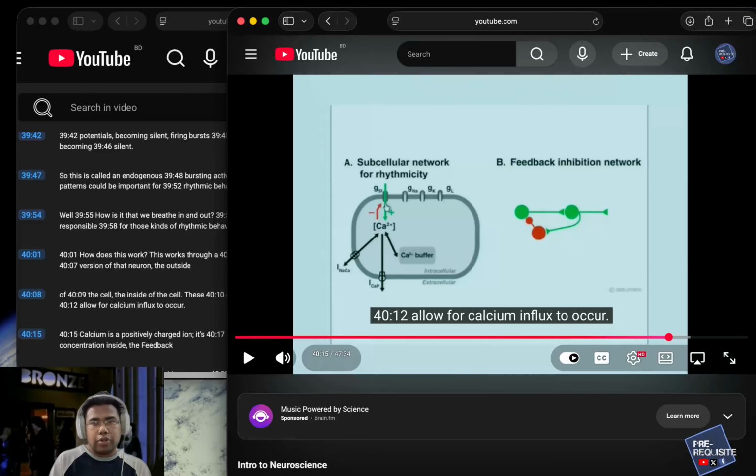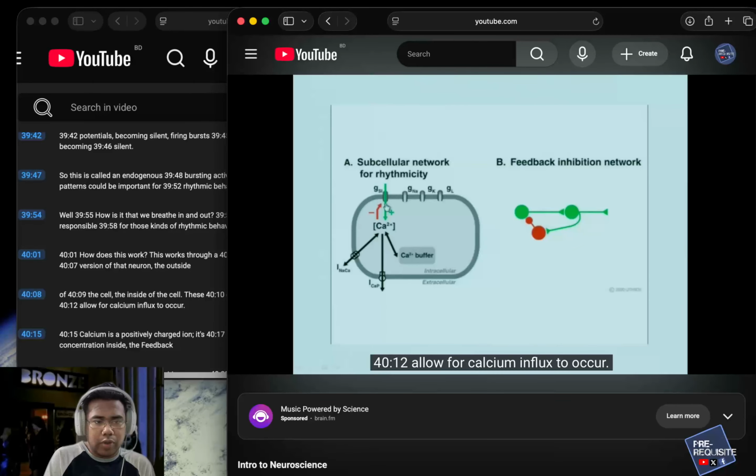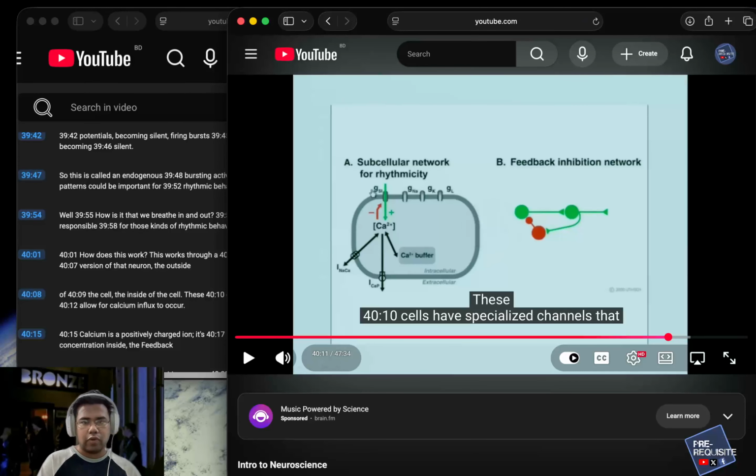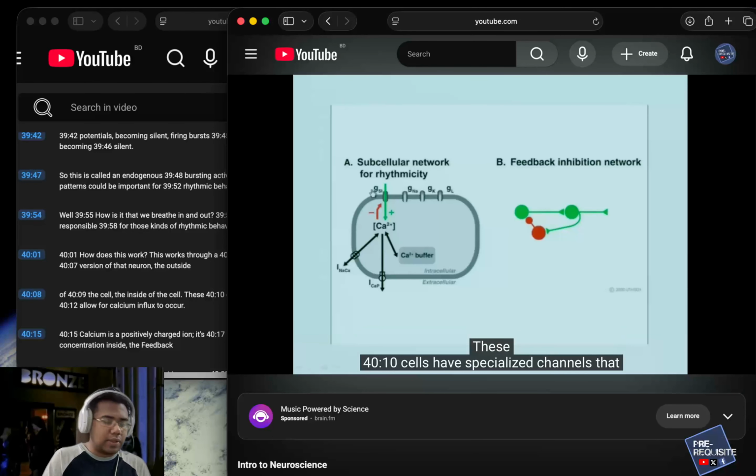These cells have specialized channels. Yes, the word I was looking for. Channels is something that comes up, I think it started with the first lecture I saw by Professor Fink, and also subsequent lectures of Robert Sapolsky.